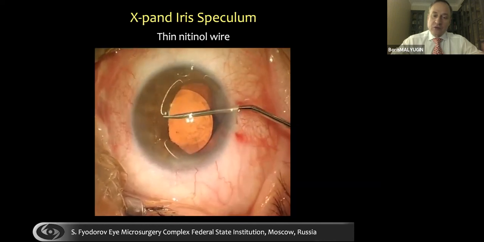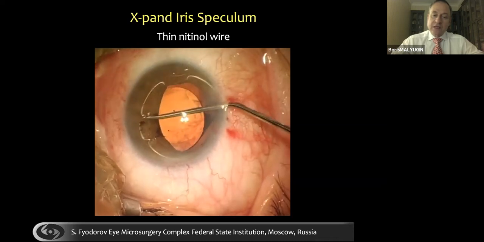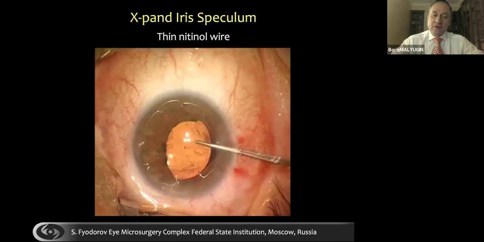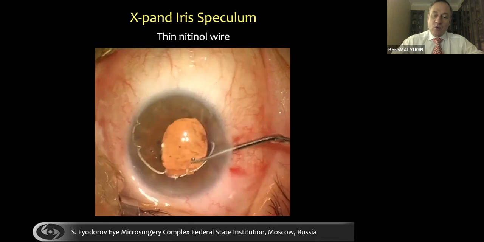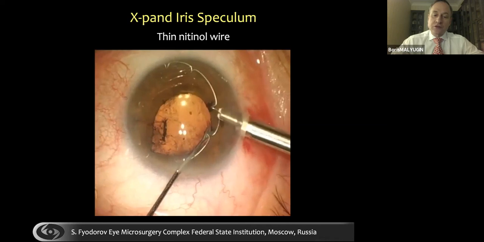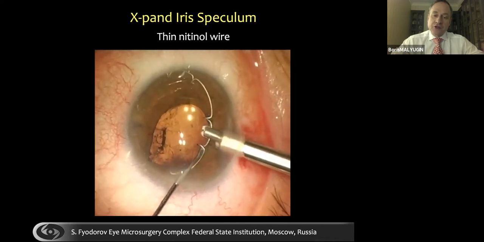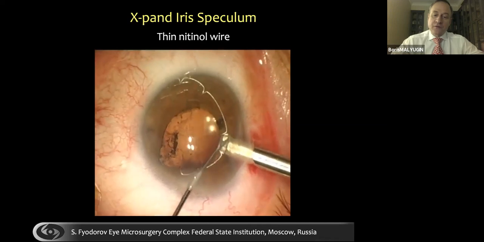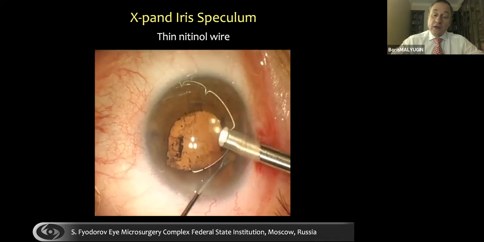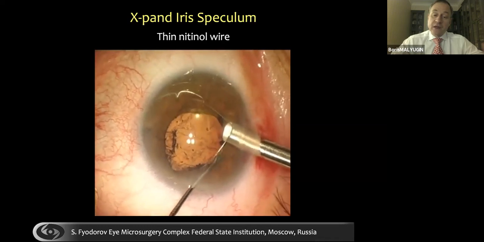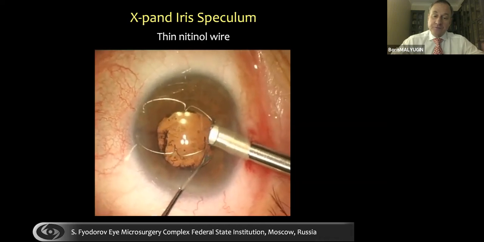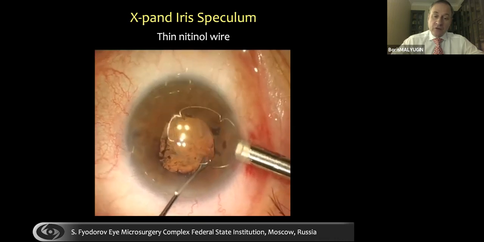So you use the instrument, disengage the device from the iris with the positioning elements one by one, and then you may use forceps or use the same injector that was used for introducing the ring into the eye, catch one of the sides of this ring, and then remove that device from the eye, as shown here in that video clip.